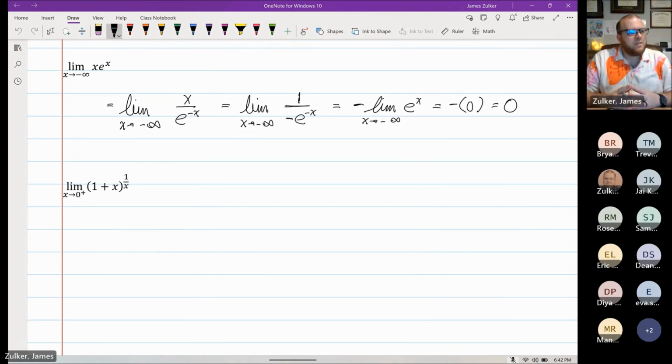Okay. Well, this definitely doesn't work with L'Hopital. We're going to get 1 to the infinity, actually, which is indeterminate.